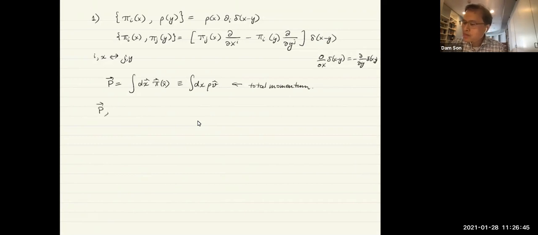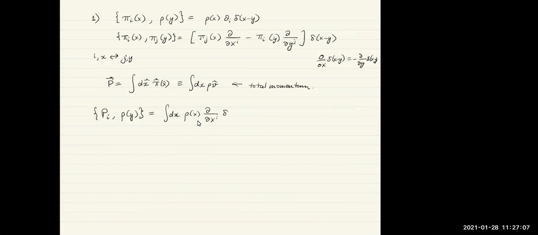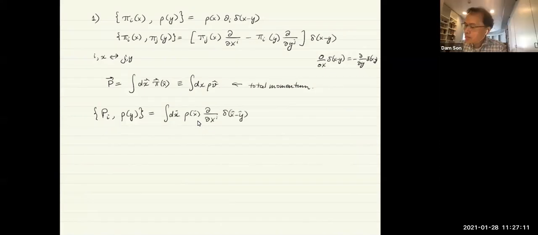For example, I can take the first Poisson bracket and integrate over dx. Then I would have the bracket of pi i with rho of y equal to the integral over dx of rho of x, d over dx_i of delta(x minus y). It's a vector.